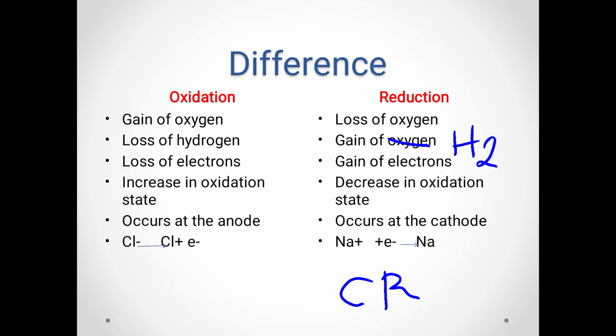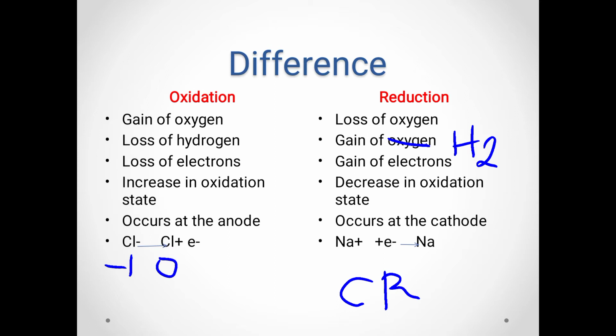Now I have said that in oxidation, there is an increase in the oxidation state. If I consider this example, the oxidation state here is -1. But when oxidation occurs, there is an increase in the oxidation state, that is, it will become 0. The oxidation state of pure Cl is 0.